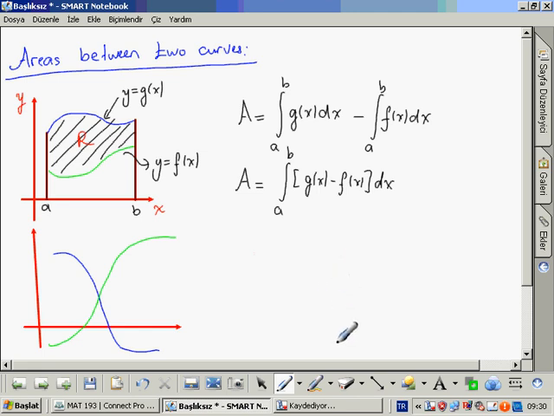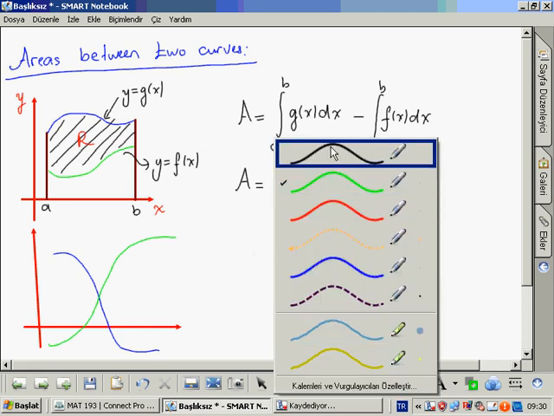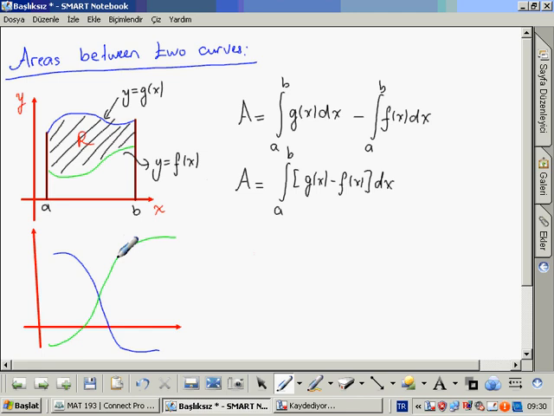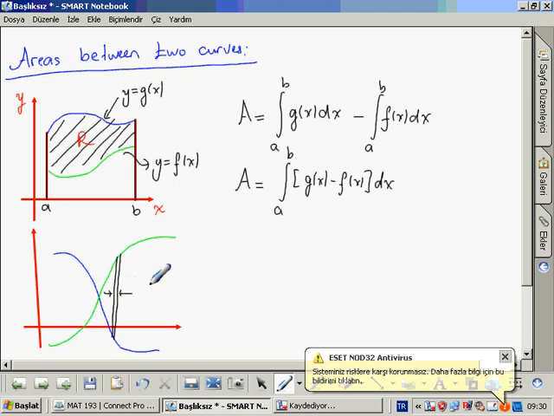What will we do? Let's take this piece from this interval, and we will call it delta x.